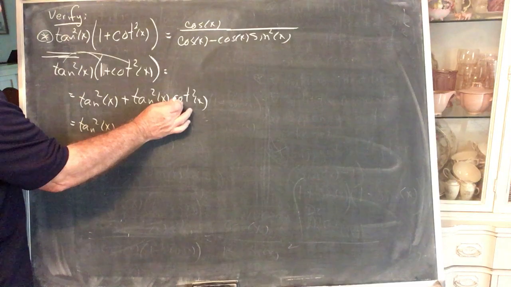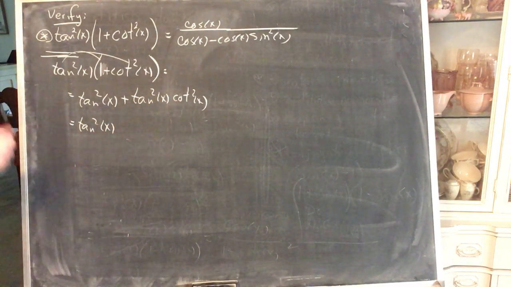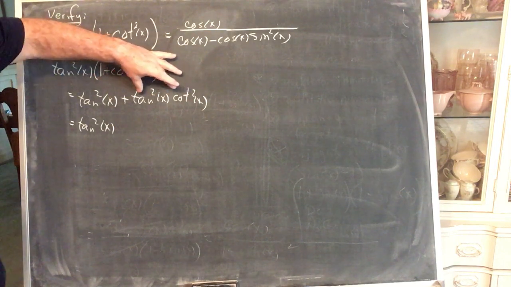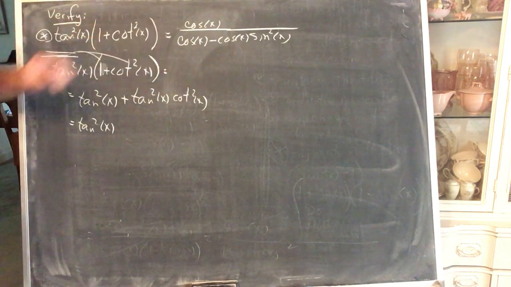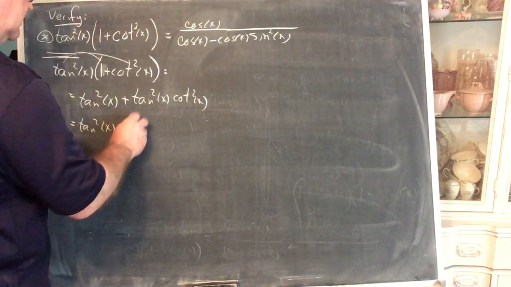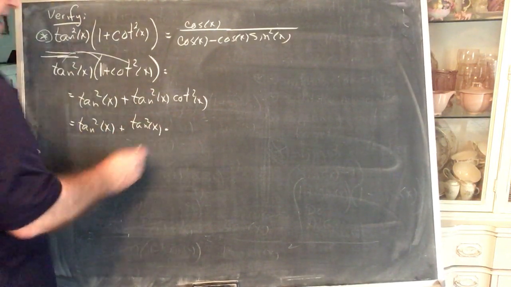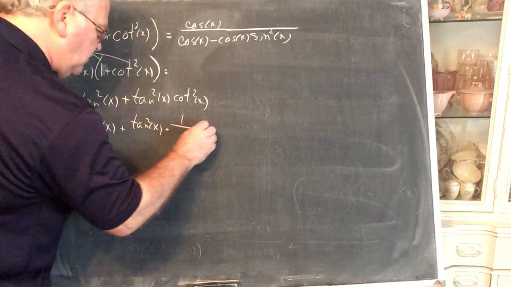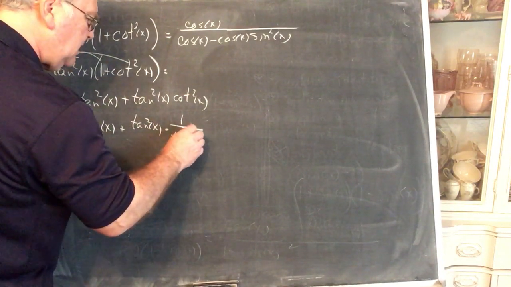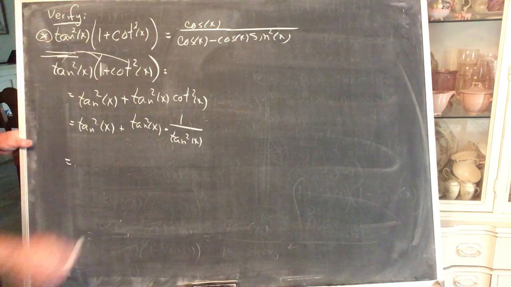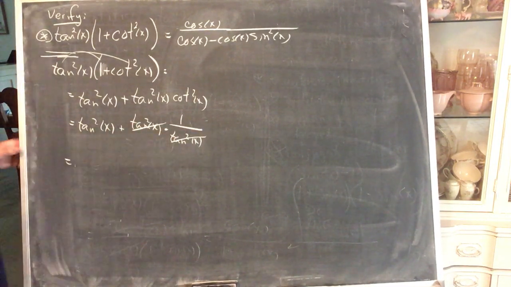But look what we have here. We know our reciprocal identities. You don't need to change the sines and cosines. Just change everything to tangent. This is tangent squared. This is times cotangent, which is 1 over tangent squared. Keep simplifying. The algebra says you can cancel these.